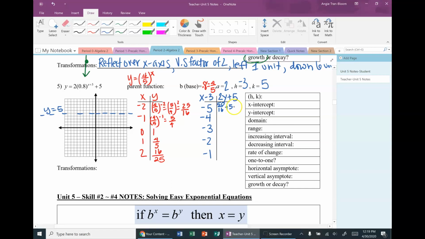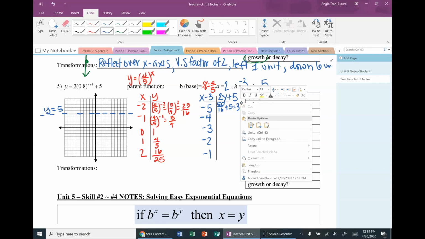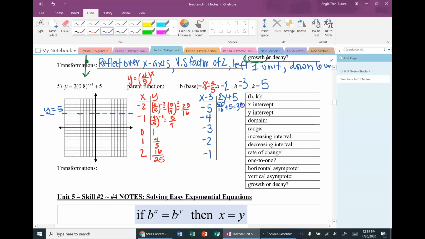So that means you have 3, and that means you have 2 left over. The remainder is 2. So that's 2 over 16 plus 5. This is teaching you how to do fractions quickly. Well, 3 plus 5 is going to be 8, and that's 8 and 2/16. Well, 2/16 can be reduced down to 1/8. So this is really 8 and 1/8, okay?